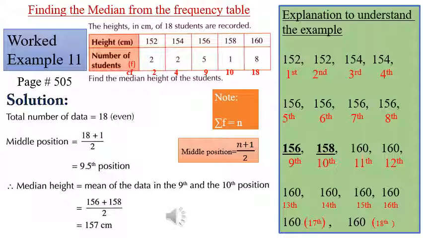So at the ninth position we have 156. At the 10th position we have 158. And 160 starts from the 11th position, and at the last position, the 18th position, there is also 160. So this example is very helpful to understand the median in this question.